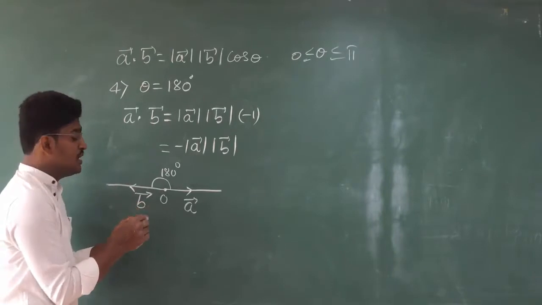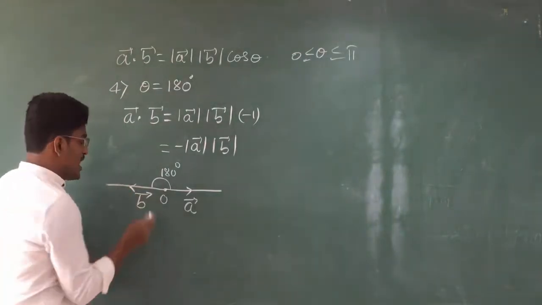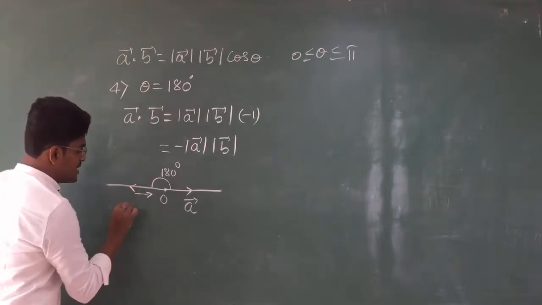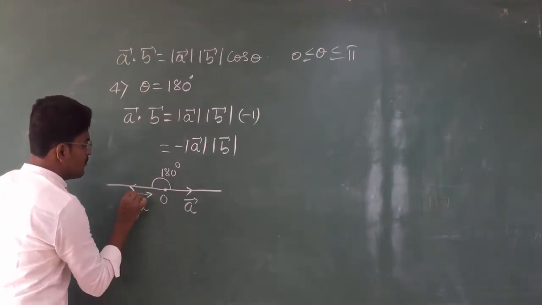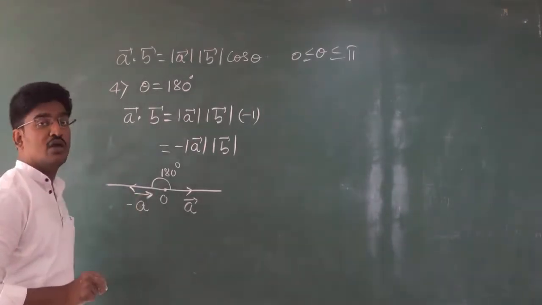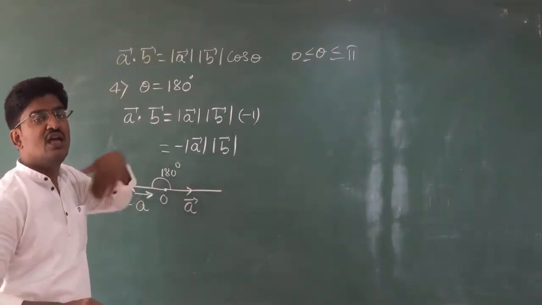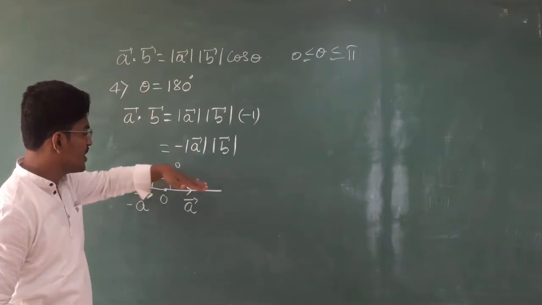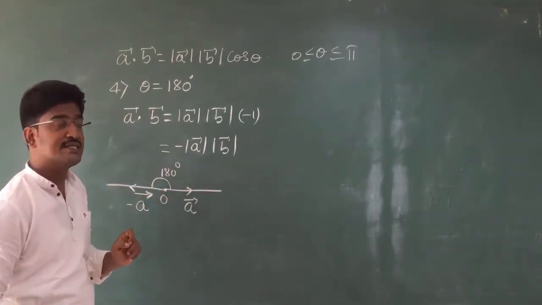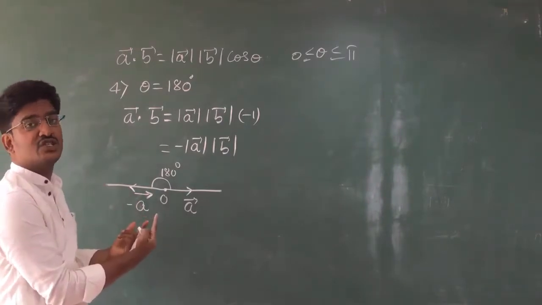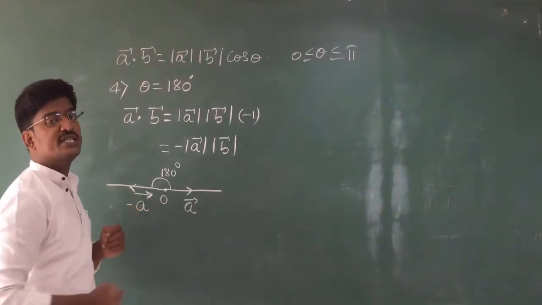In the place of vector B, I can write minus of vector A, because both are having the same support, both vectors are parallel, and both are in the opposite direction.